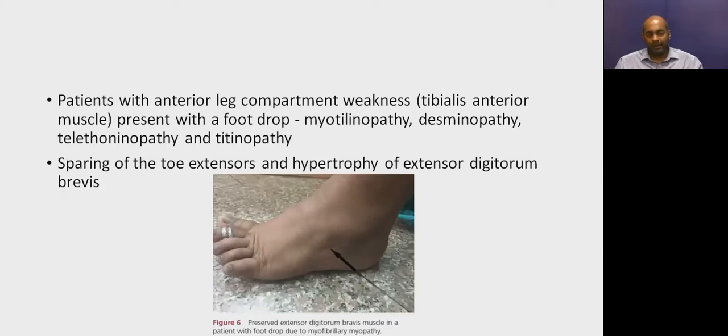So how can we distinguish this pattern from a peripheral neuropathy? Even though the ankle dorsiflexion, the tibialis anterior, is weak, the toe extensors will be preserved. There will be sparing of toe extensors, and we can also see hypertrophy of the muscle on the foot called extensor digitorum brevis. These are pointers to a muscle disease.